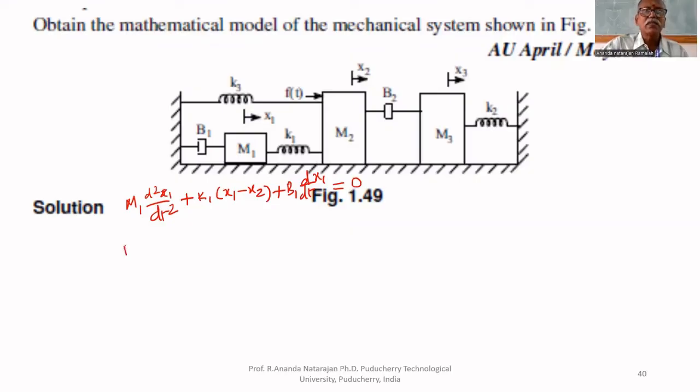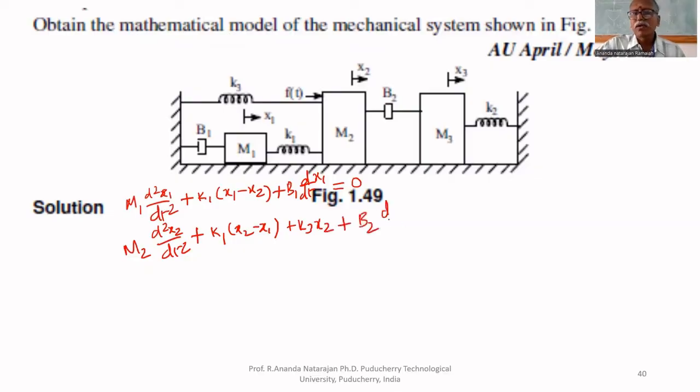What is the second equation? m2 d²x2/dt² plus k1 (x2 minus x1) plus k3. One end is fixed to m2 and the other end is the reference. That's why k3, the other end is fixed, therefore k3 x2 only, plus b2 d/dt of (x2 minus x3).